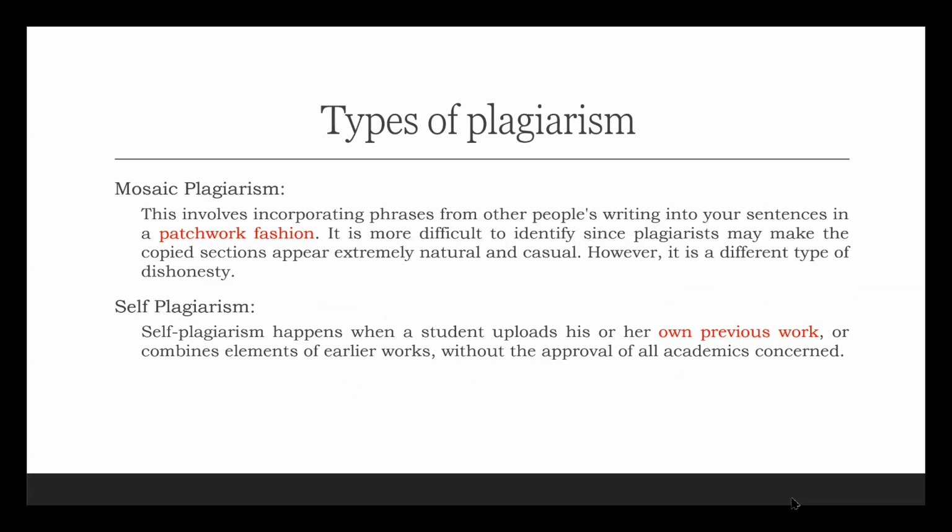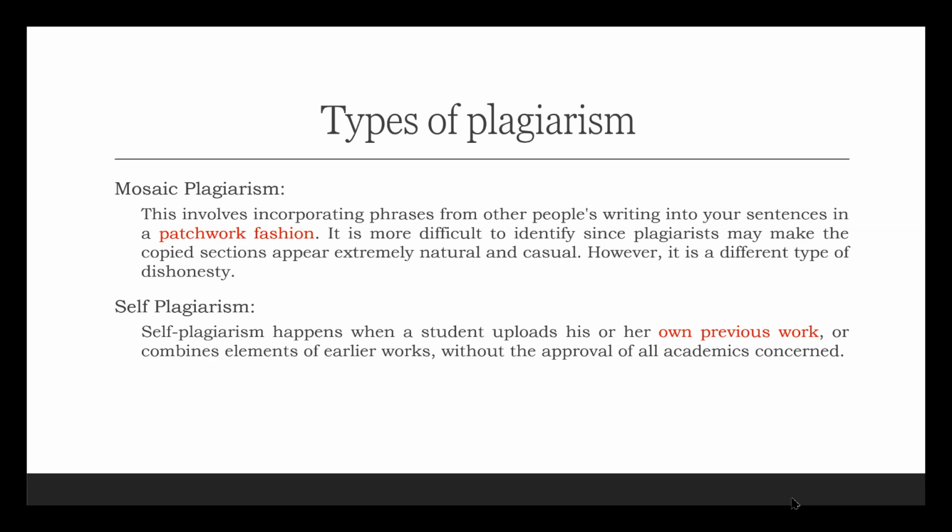Mosaic plagiarism. This involves incorporating phrases from other people's writing into your sentences in a patchwork fashion. That is, you're taking some content from others' work or your friend's work, and you're changing some sentences. That is called patchwork here.